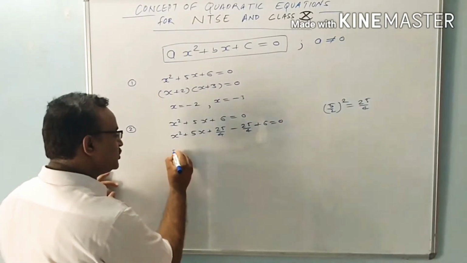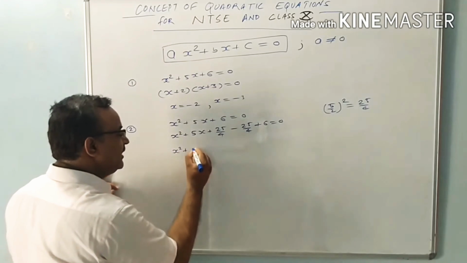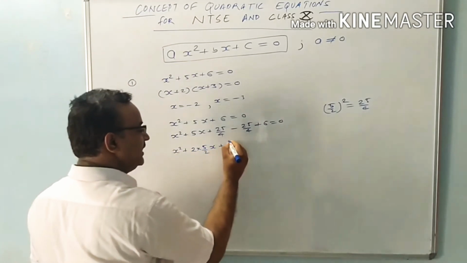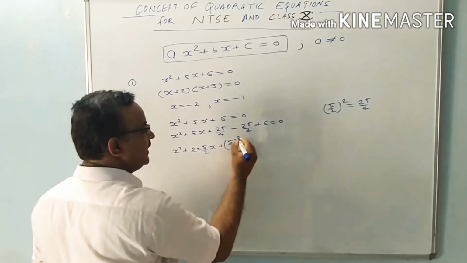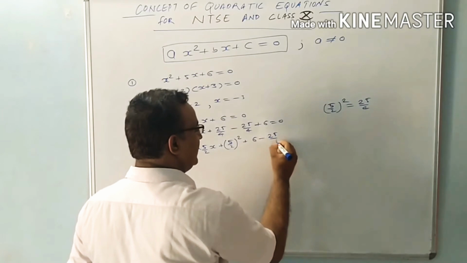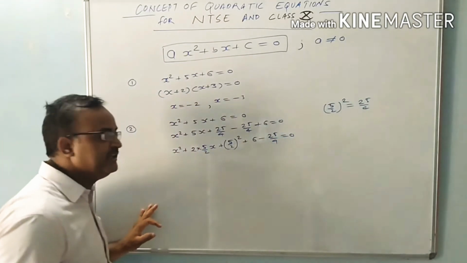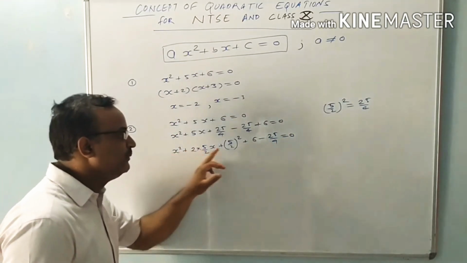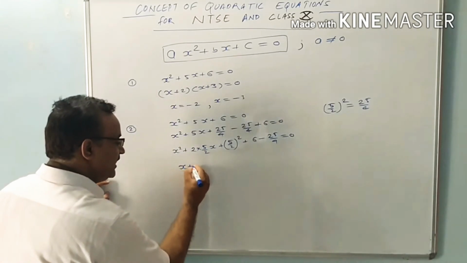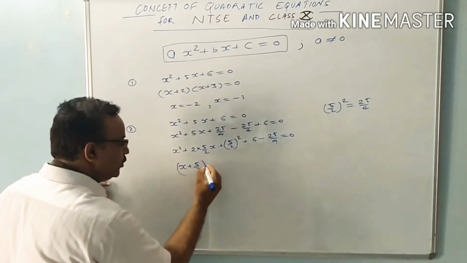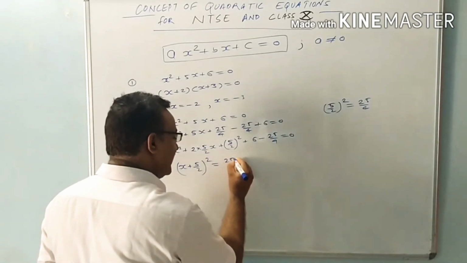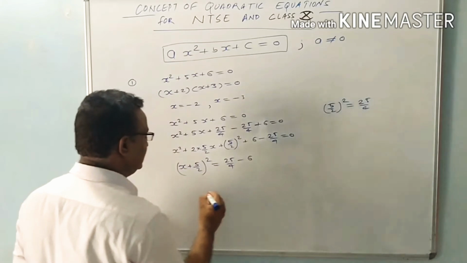Now we can write x square plus 5x as x square plus 2 into 5 by 2 x plus (5 by 2) whole square, plus 6 minus 25 by 4 is equal to 0. Now you can see here, it is the formula of a square plus b square plus 2ab. It is the formula of (a plus b) whole square. That means (x plus 5 by 2) whole square is equal to 25 by 4 minus 6.